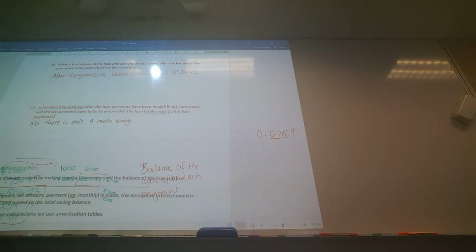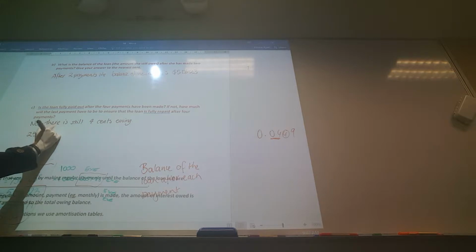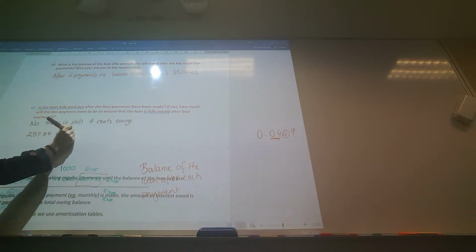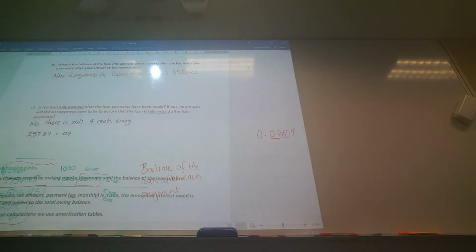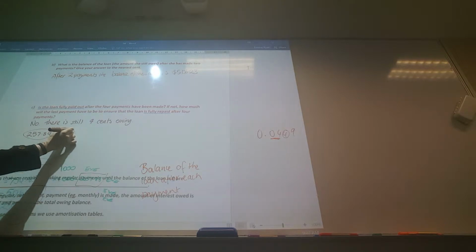What happens when there's a little bit left over on that last payment is that it is just added on to that last payment. So generally, the last payment will be a little bit more than the rest of the payments. If we were paying $257.84 and we have 4 cents left over, our last payment is just going to be our usual payment plus the bit that's left over.